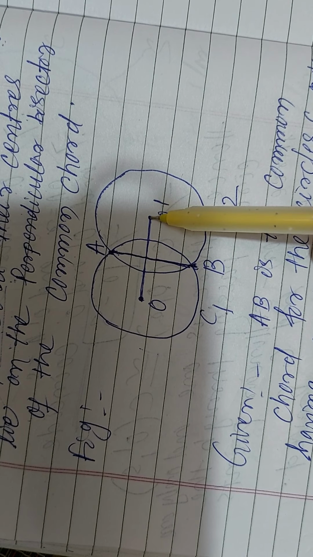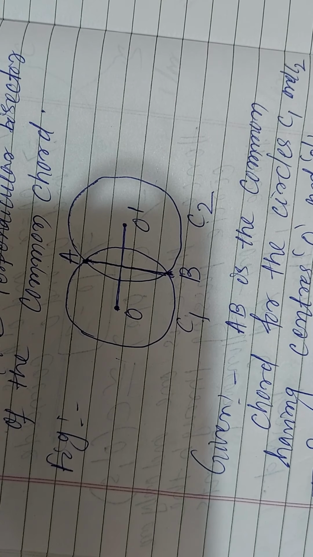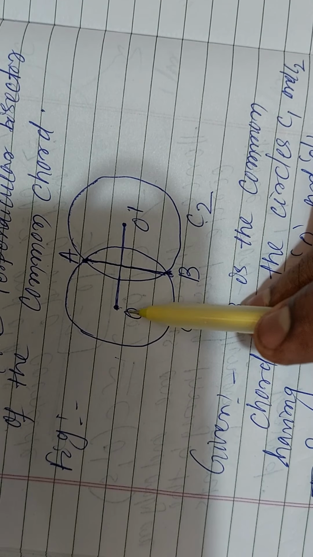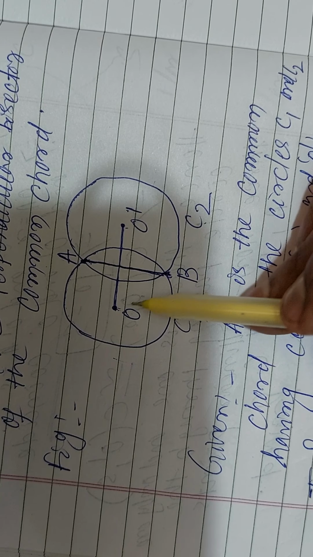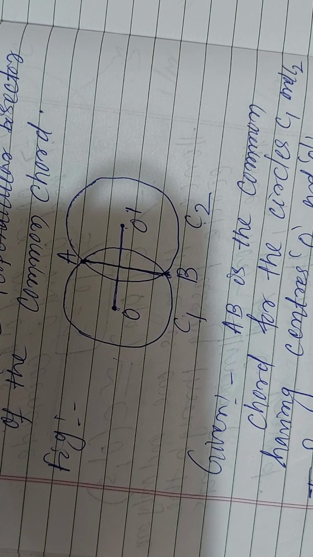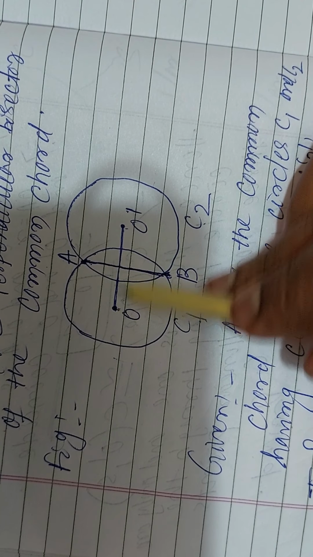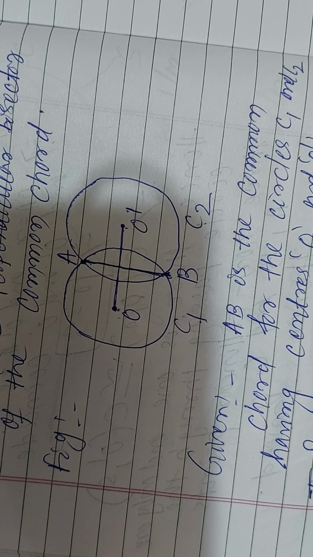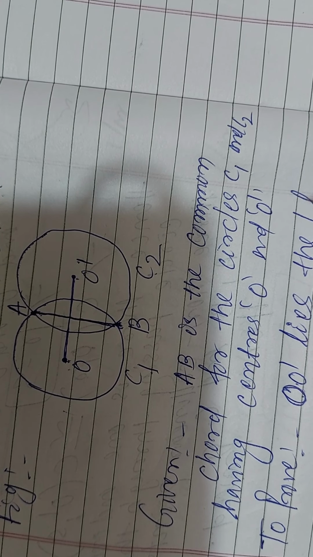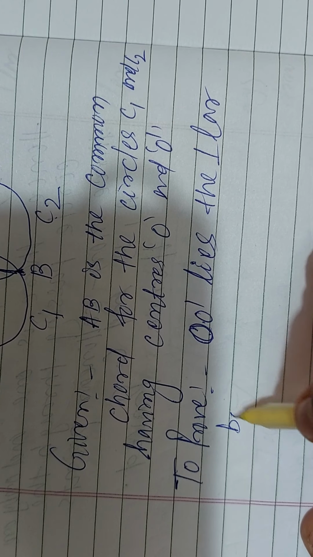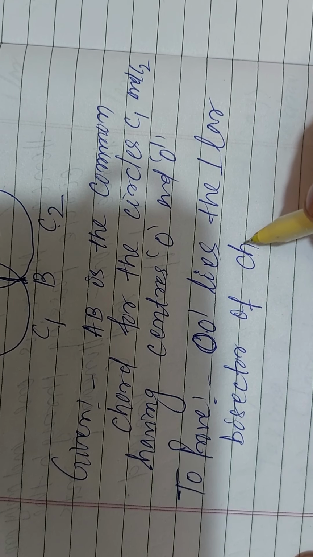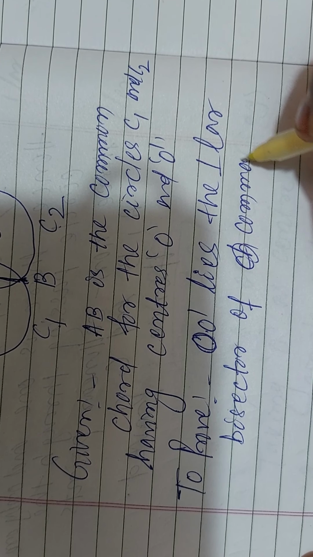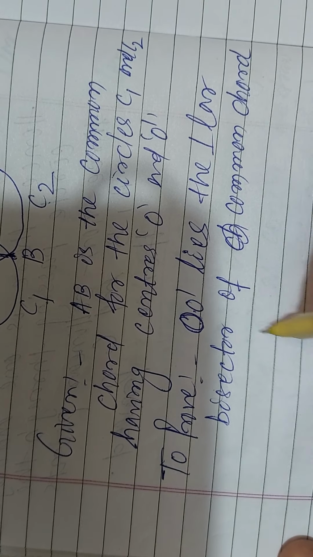That is, the centers O and O dash lie on the perpendicular bisector of the common chord AB.